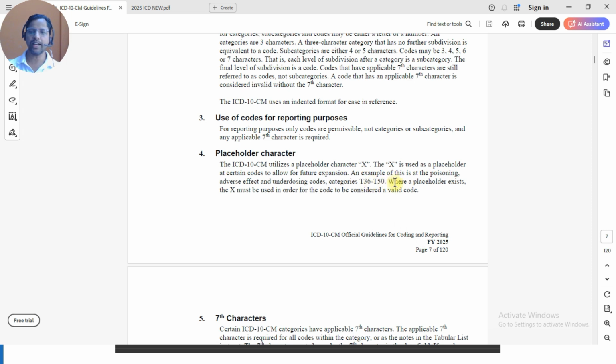An example of this is at the poisoning, adverse effect and underdosing codes, categories T36 to T50. Where a placeholder exists, the X must be used in order for the code to be considered a valid code. So we will see this guideline in the ICD-10 CM book.